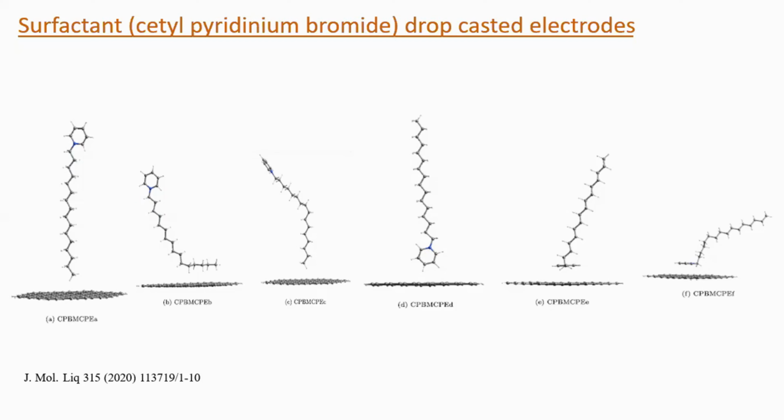When we make the models, one time the surfactant interacts by its chain, and that time the chain may be rotated 90 degrees, or sometimes the head may be rotated. And here you can see something like a pi interaction.